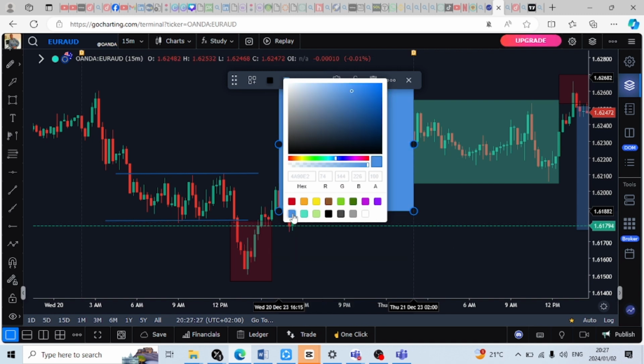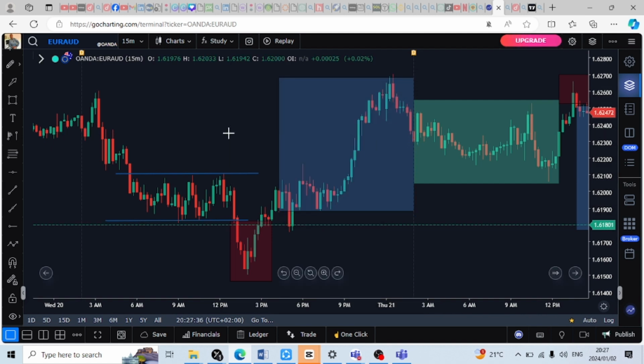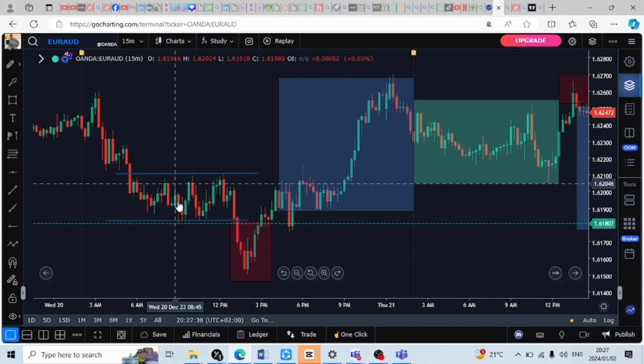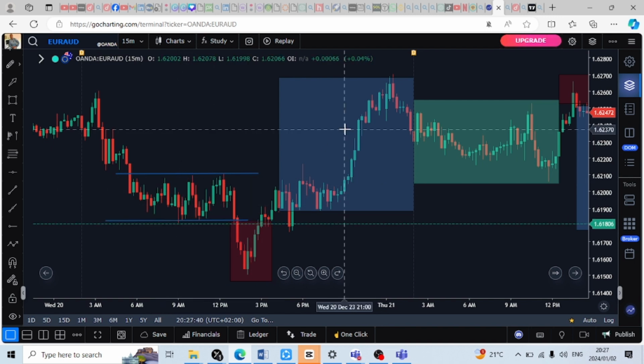Okay, so here we have our distribution. Here we're just trying to identify the different phases that we have. So here we have our accumulation, manipulation, and distribution.